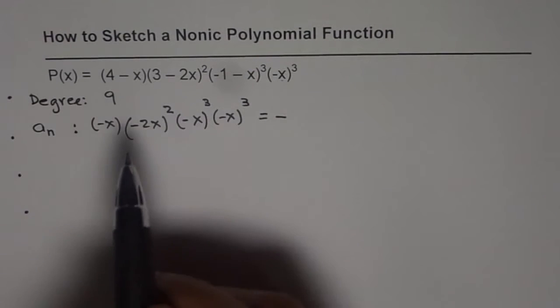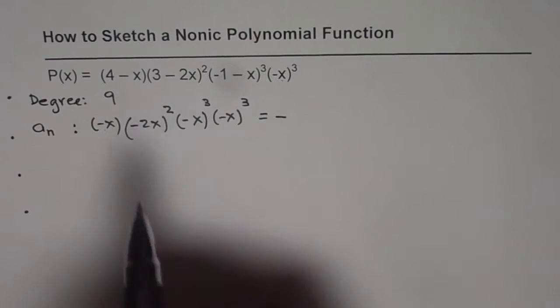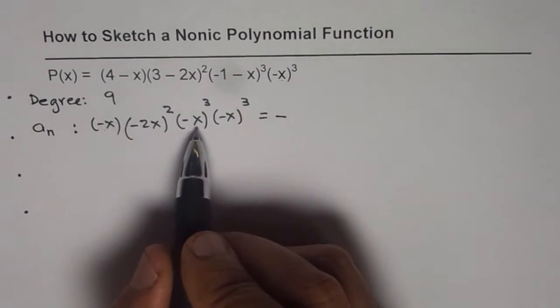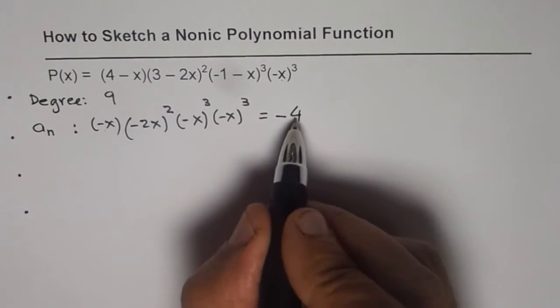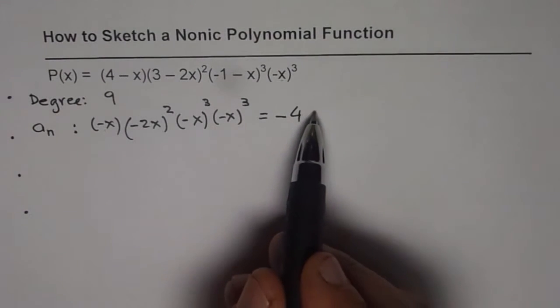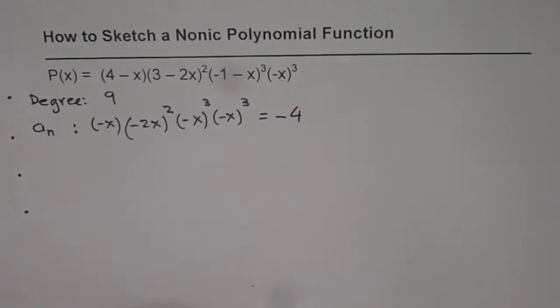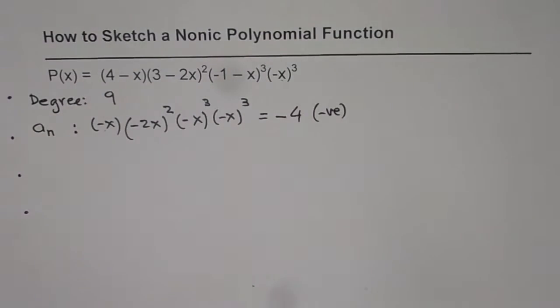Let's find it out. So 1 times 2 squared is 4, correct? And the other terms are 1 and 1, so we get minus 4. That is, minus 4 is your leading coefficient, right? And of course x to the power of 9 gives you the first term. But in this case, the important thing is the leading coefficient is negative, correct?